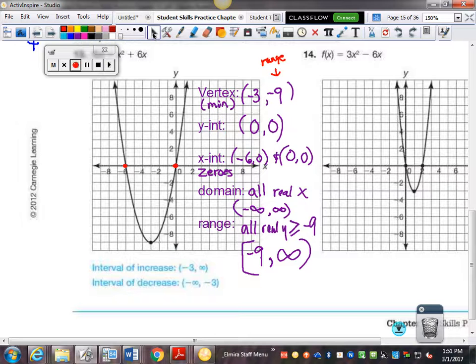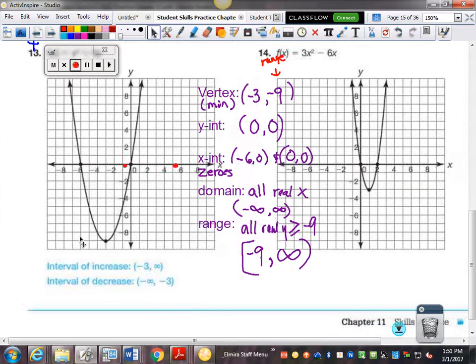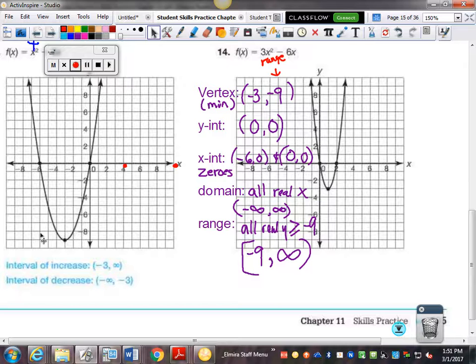In class and on this video as well, I'm going to do this with a highlighter because it helps demonstrate things. So in this picture, interval of increase, I think we can agree if we look at a parabola, in this section of the graph it's decreasing, then at the vertex it turns, and now it is increasing.